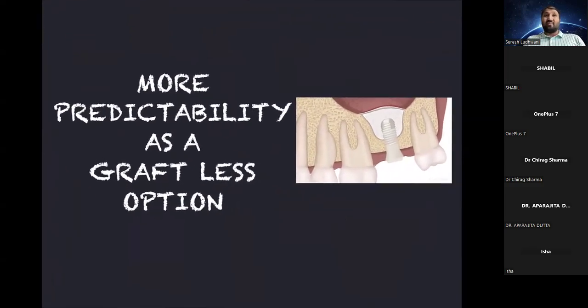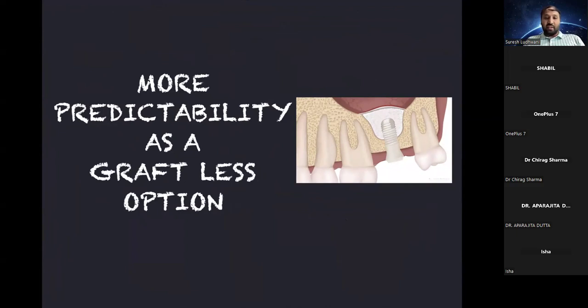And third, what other option do we have? Sinus lifts, grafting. It is not wrong, it is good science, but is it as predictable? No. We are putting something into the body and we don't know the predictability, whether it will ossify with the natural bone or not.